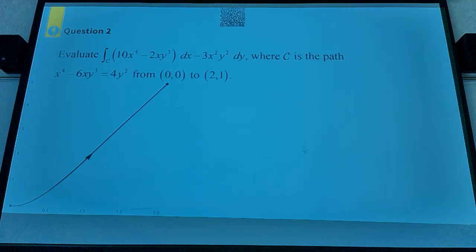It goes from 0 to 2 on the x. Sure, all paths are finite. Well, that's not true, but all paths that we're going to deal with are finite. It's a very important feature.